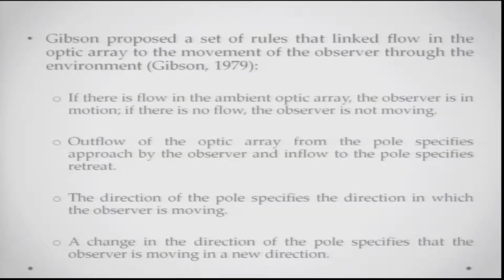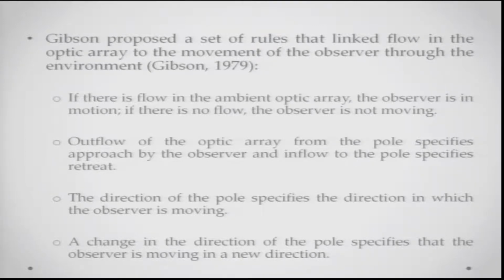Now, Gibson proposed a set of rules that linked flow in the optic array to the movement of the observer through the environment. If the observer is moving through the environment, you can deduce a few things by observing the flow in the optic array. If there is flow in the ambient optic array, the observer is moving. If there is no flow, the observer is not moving. Outflow of the optic array from the pole specifies that you are approaching this point.